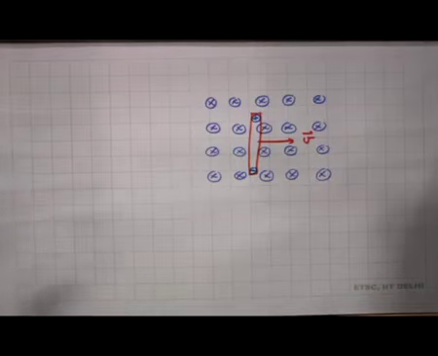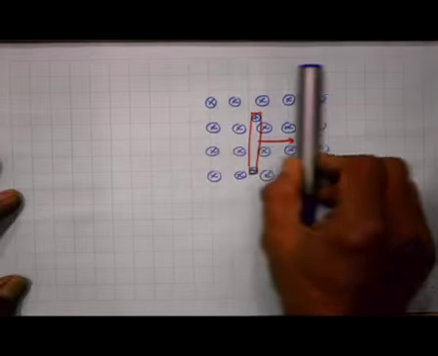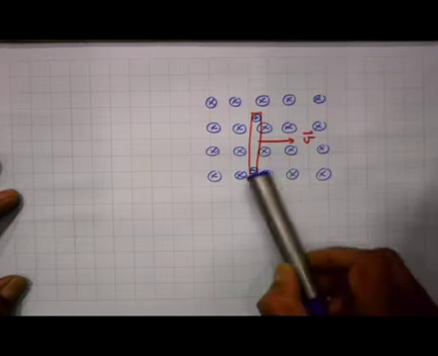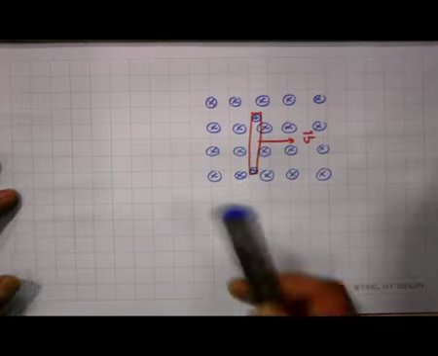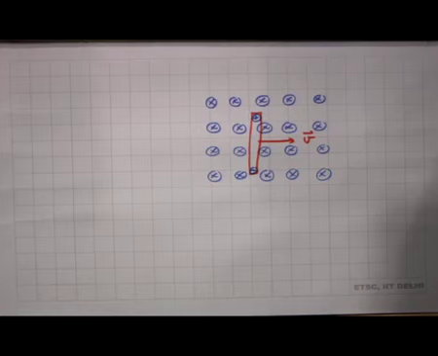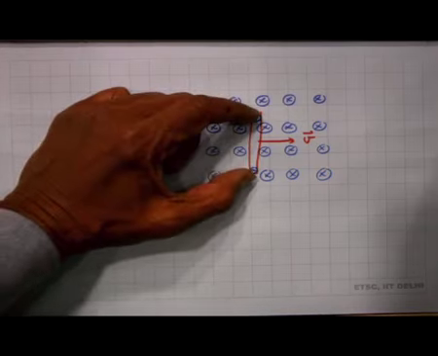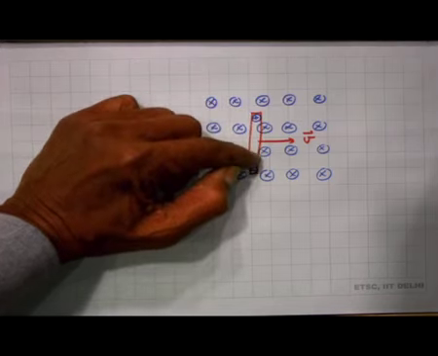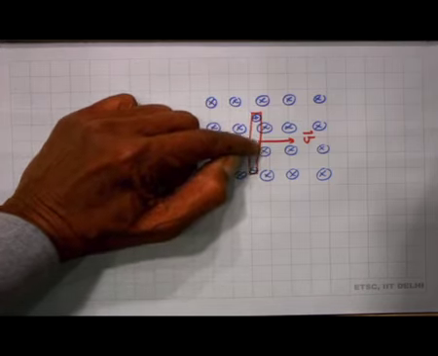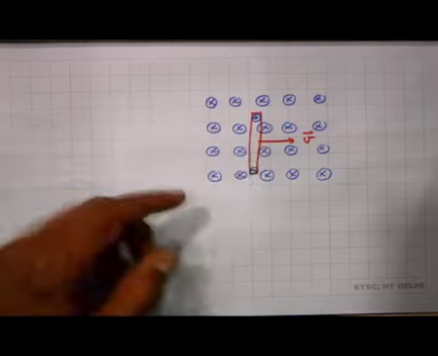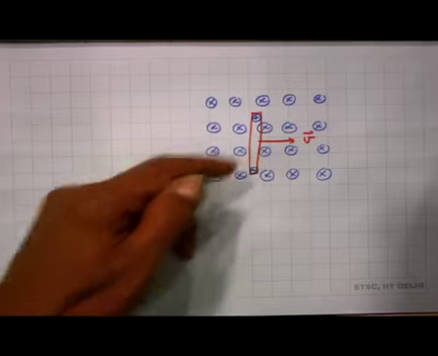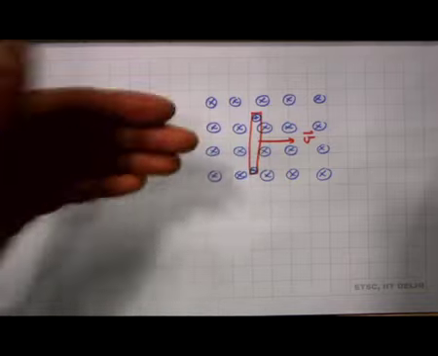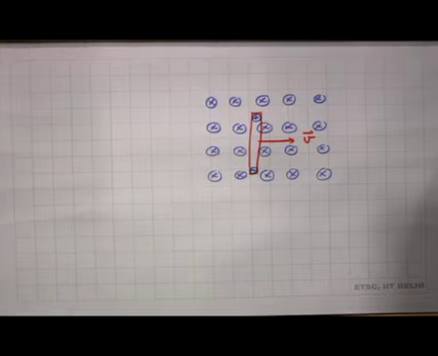And if I continue to move at a constant speed, the charges will accumulate in such a fashion that these charges will generate their electrostatic field, and that electrostatic field will be such that it will compensate for the magnetic force. So, the force due to the electrostatic field will be equal to the force due to the magnetic field, and then no more charge motion will take place.